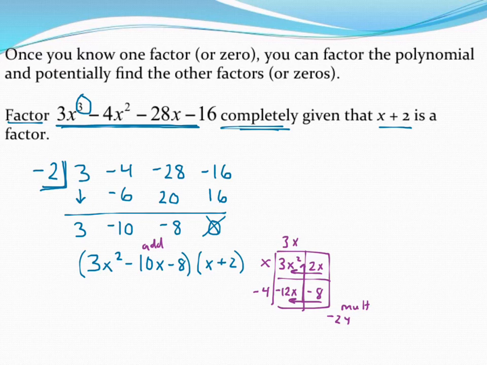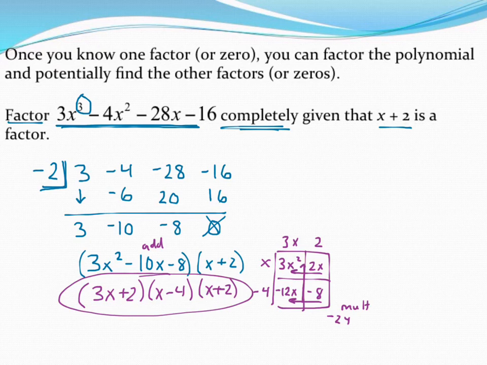And then finally, 2x and negative 8 can both be divided by 2. So what that means is that trinomial can be factored into 3x plus 2 times x minus 4. And if we include the factor they gave us, x plus 2, we've now factored that original polynomial, that polynomial to the third power, completely into 3 separate factors.